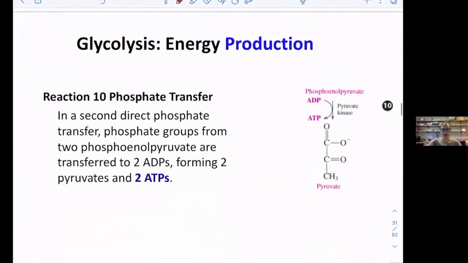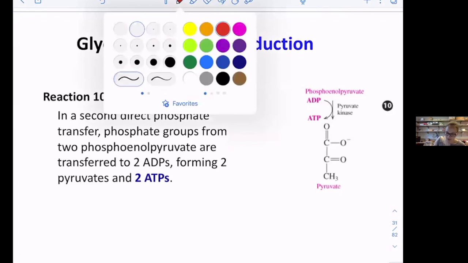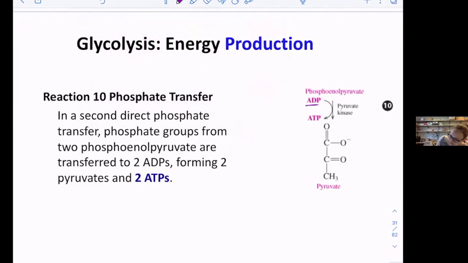Our last step in glycolysis is going to be a phosphate transfer reaction. So we take again our phosphorylated molecule, it's a pyruvate at that point, but phosphorylated, and we donate those phosphates back to an ADP molecule. Let's go back to purple. ADP makes ATP. This happens twice because we have 2 of these molecules going through the system.